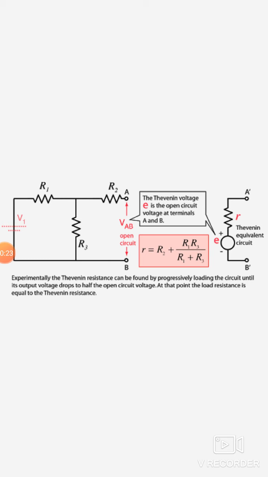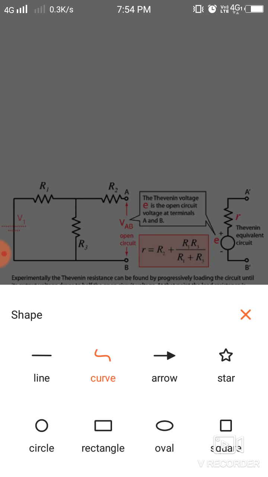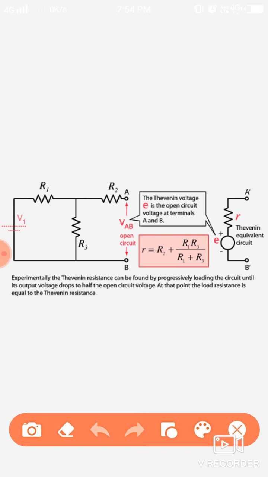combinations and power supply can be replaced by a single power supply and a single resistance in series with that power supply. Here it is seen there are three resistances R1, R2 and R3.